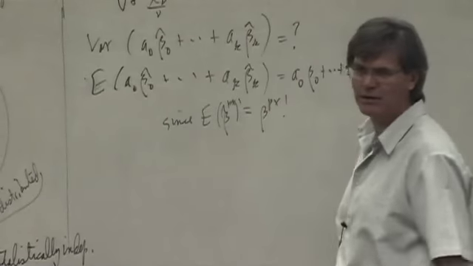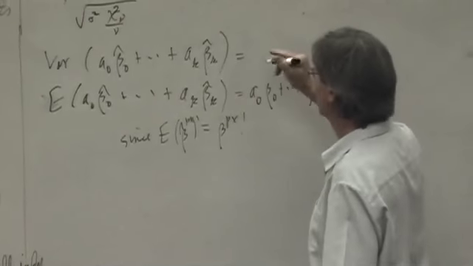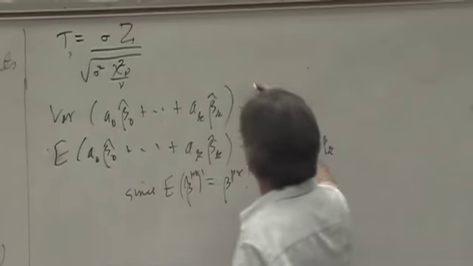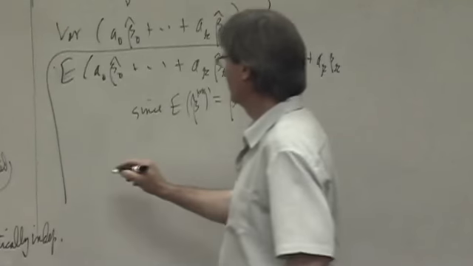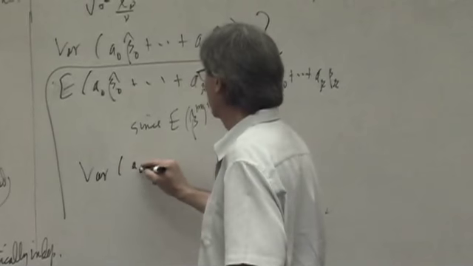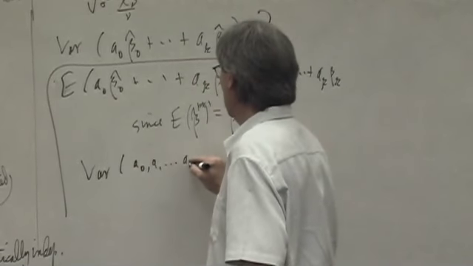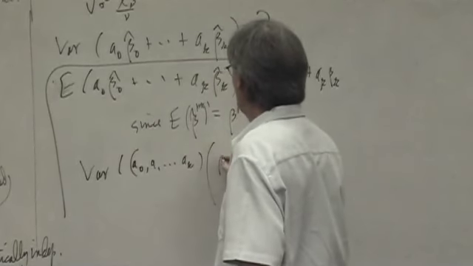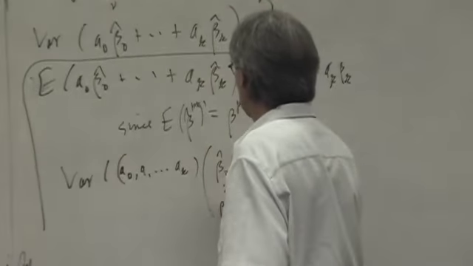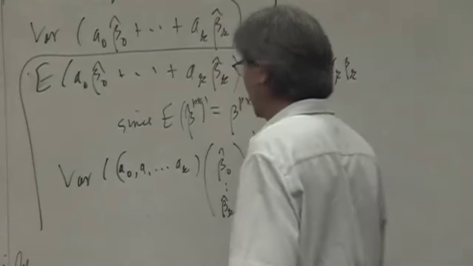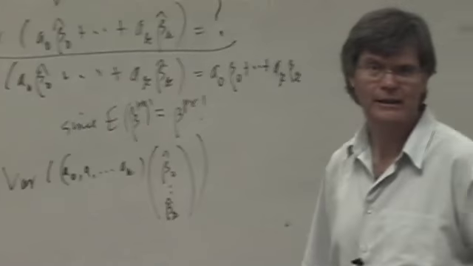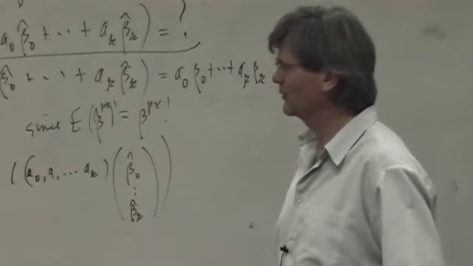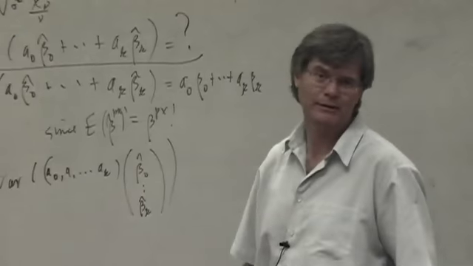Now this is a scalar, but it's a linear combination of those. So the way I can do it is, it comes down to the variance of A0, A1, up to AK times beta 0 hat down to beta k hat. That is a product. I know the variance covariance matrix of the betas is sigma squared times X prime X inverse, where we used that trick last time.